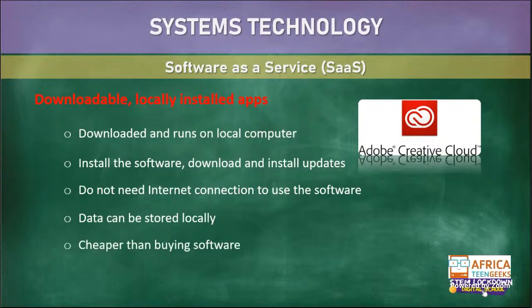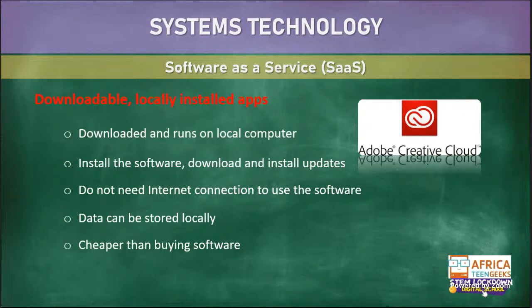So if you decide to use Adobe Creative Cloud, you may discover that it's cheaper than buying the software, because if you decide to buy, then you are going to have licenses for each and every product under the software package.